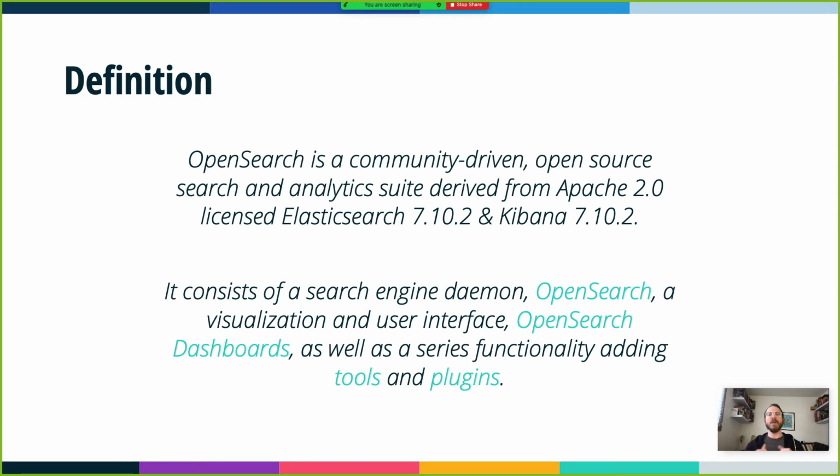Then we renamed it, of course, and removed anything else associated with the previous project, like build tooling and built-in metrics and telemetry collection, all the stuff that really wedded it to the previous Elasticsearch and Kibana. And now we have OpenSearch and OpenSearch Dashboards to move forward with.